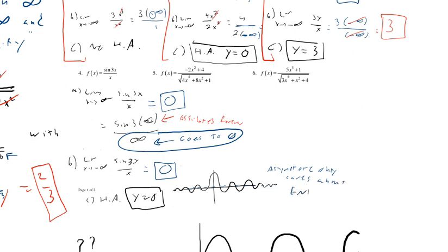An asymptote is just a number that you are getting closer to. It doesn't matter if you get closer from the top. It doesn't matter if you get closer from the bottom. It doesn't matter if you get closer in an oscillating way. You're getting closer to this number no matter what direction you're coming from. Asymptotes only care about end behavior.